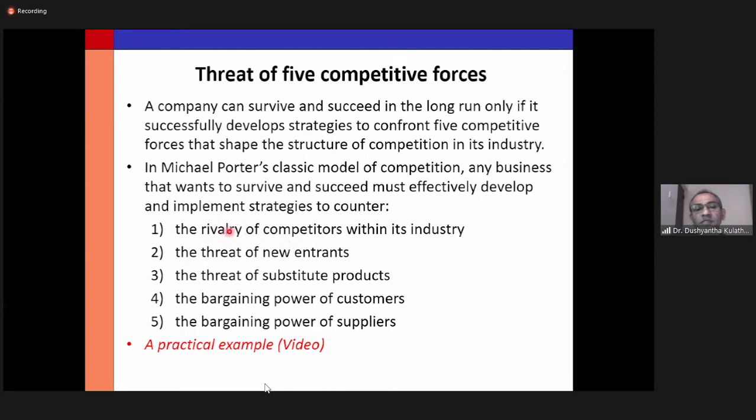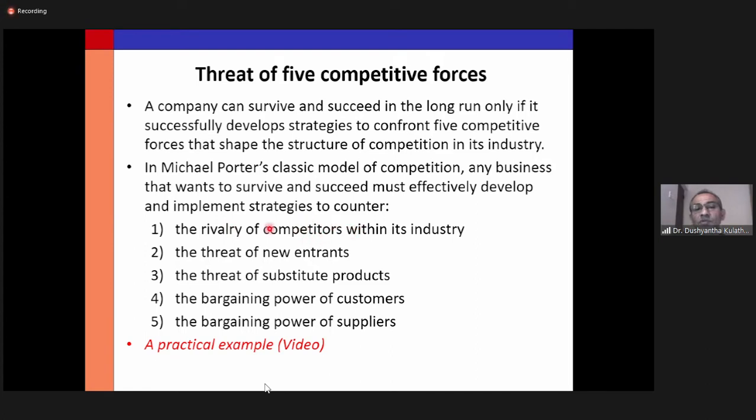So this is something natural which you can identify in any industry where there are two or more players competing with each other. But rivalry may not be available in a monopolistic situation where there is only one company operating in a particular industry.